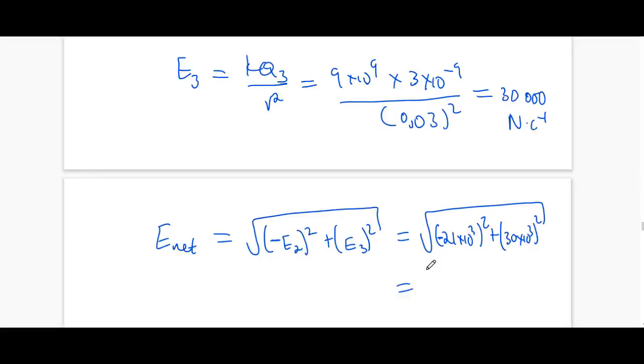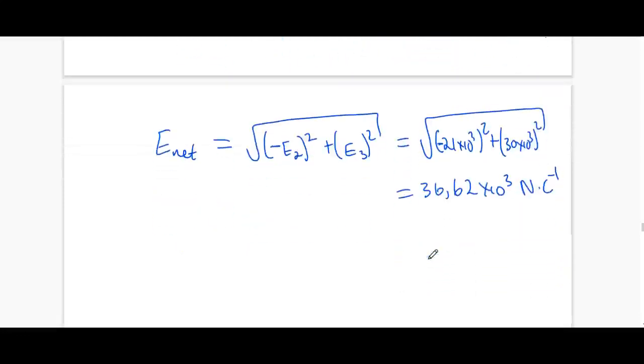It gives me 36.62 times 10 to the power 3 Newton per coulomb. This is the answer.